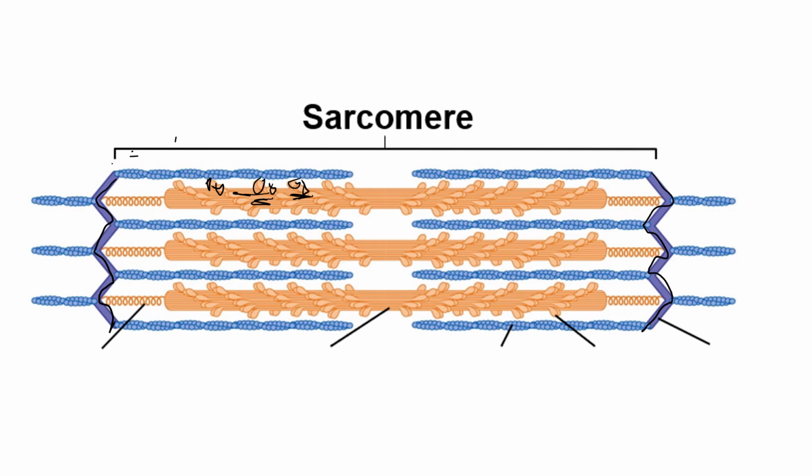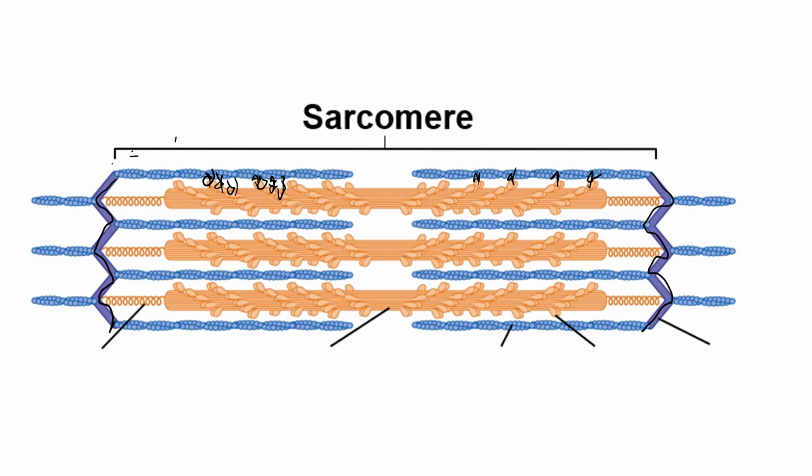And then what happens? Because of this organization where the myosin heads are perpendicular to the actin filaments, it allows for the myosin heads to be able to latch on to the actin filaments.